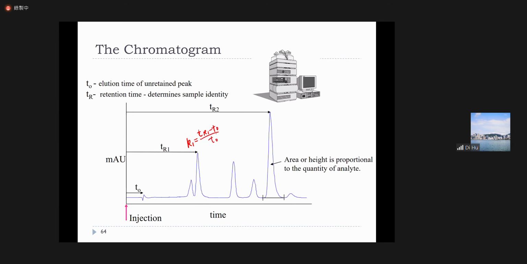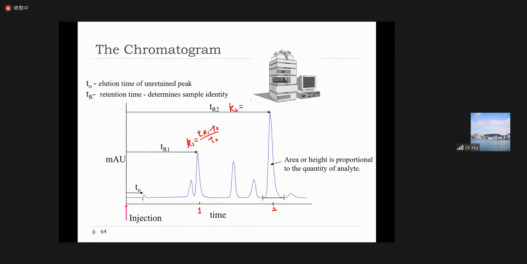That's k1, the retention factor of compound 1. If here is compound 2, then k2 is tR2 minus t0 divided by t0, right? Okay, so k1 and k2 indicate the retention factor.